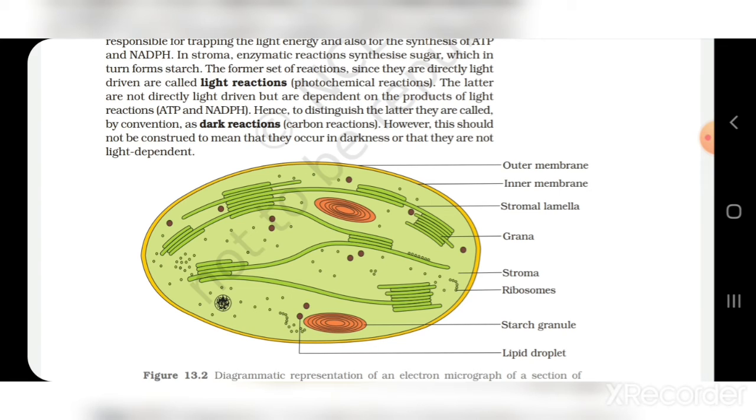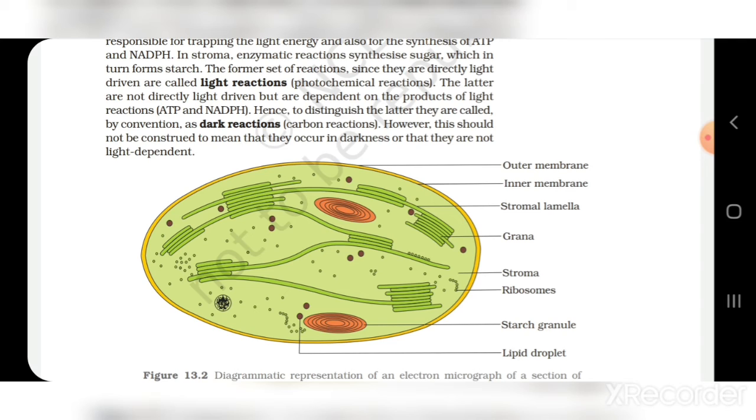Now, a massive membranous system of the lamellae or the thylakoids, which run parallel to each other, you can see are found in the stroma, and the pigments are located in this thylakoid membrane. These thylakoid membranes capture photons.